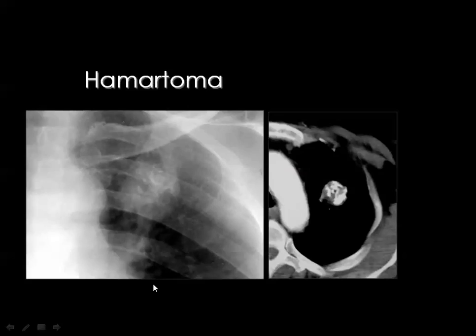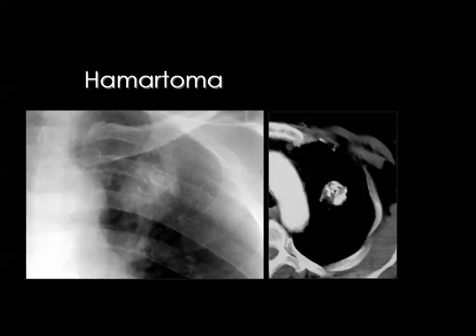But if you have the chance to see calcium inside the nodule, then you are in the differential diagnosis of the tuberculous lesion, the tuberculoma, or the hamartoma. And we used to make the differential diagnosis in adults based on the location of the nodule. If it is in the upper lobe or in the apex of the lower lobe, then we consider it tuberculoma.